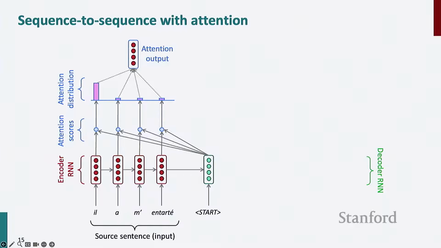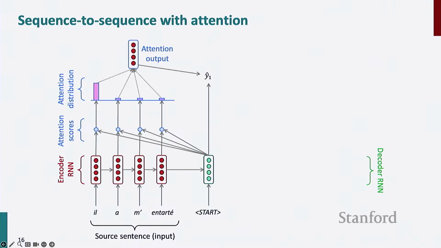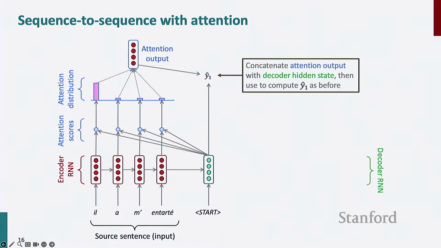So in this particular case, it'll be nearly entirely the representation above the first word, il, which means he in French. So then we'll take that attention output and we'll combine it with the hidden state of our decoder, and we'll use both of them together to generate an output vector which we stick through our softmax and generate a word as the first word of the translation, Y1. And so then at that point, we just repeat this over.